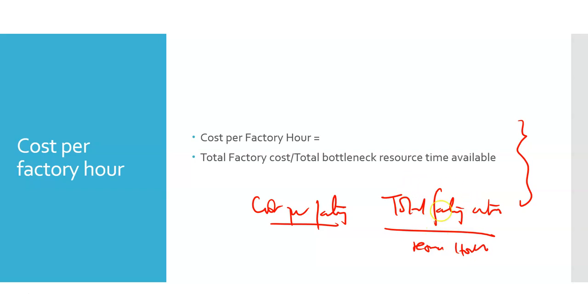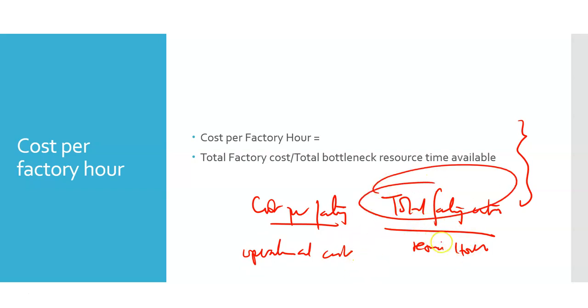What is the operational cost per hour? I'm absorbing all the factory costs based on hours. How are the hours driving the overhead costs? I'll discuss why this is important in a second, but this is a measure in itself.